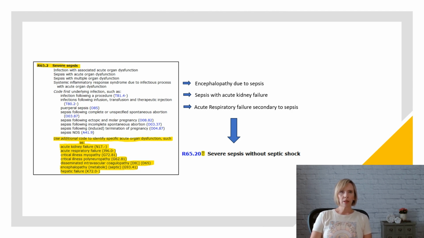The physician must link the organ dysfunction to the sepsis using linking words, such as encephalopathy due to sepsis, or sepsis with acute kidney failure, or acute respiratory failure secondary to sepsis.